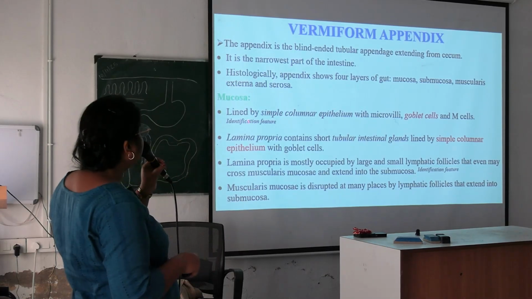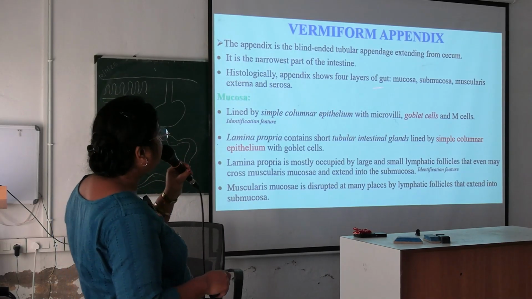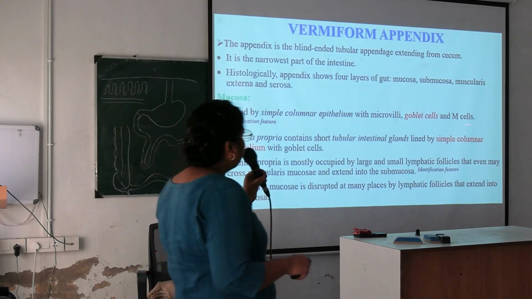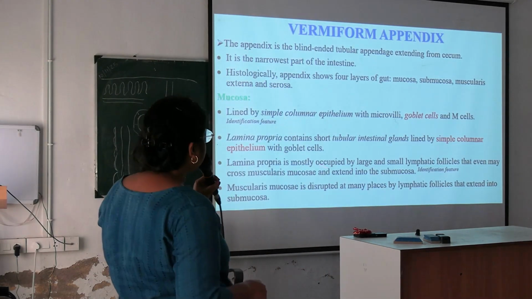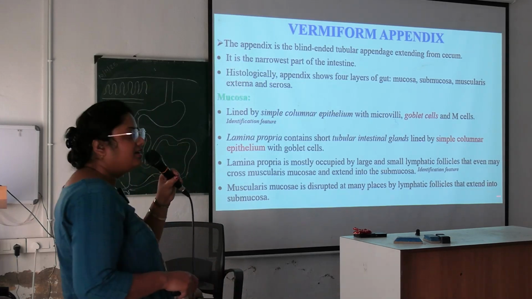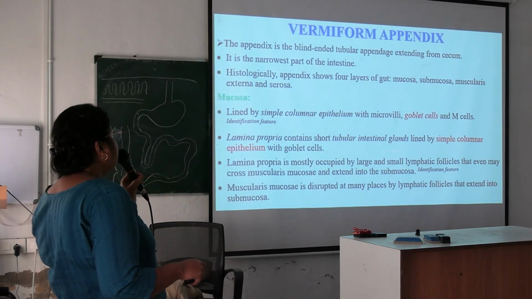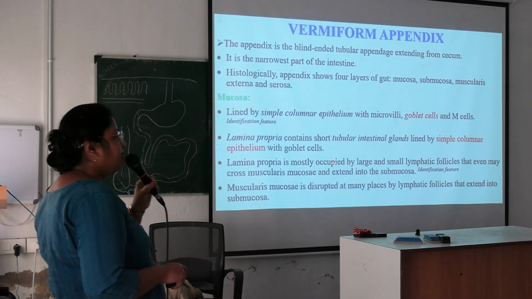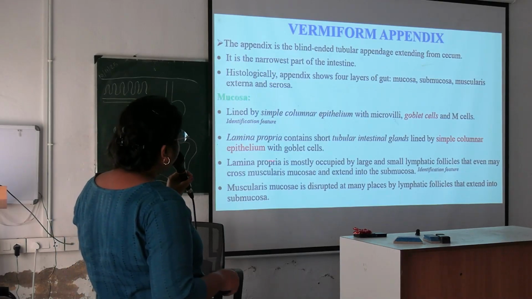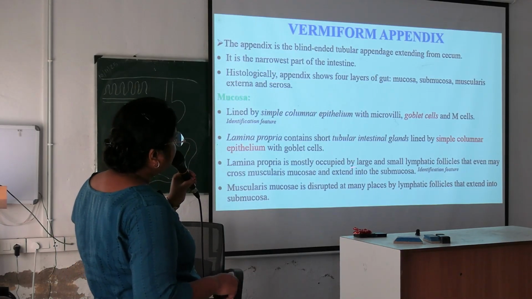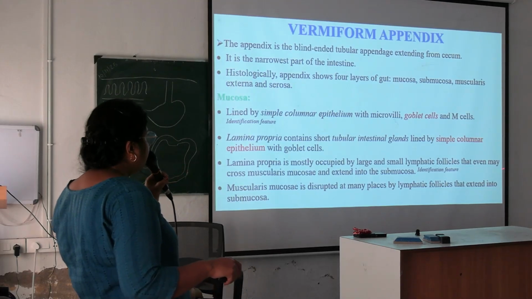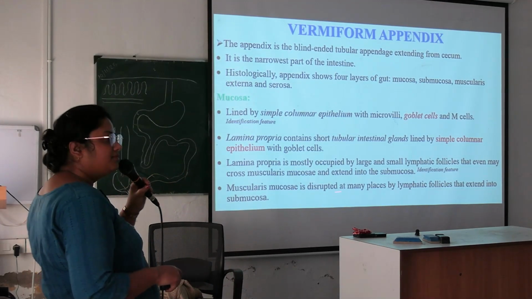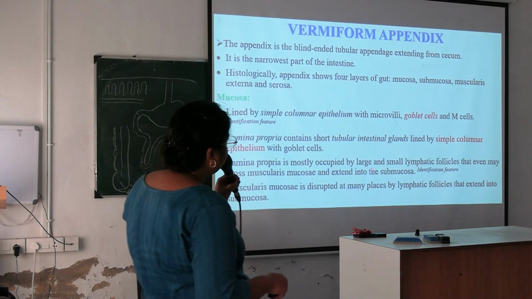The mucosa is lined by simple columnar epithelium with microvilli, goblet cells, and M cells. Lamina propria contains short tubular intestinal glands lined by simple columnar epithelium with goblet cells. Lamina propria is mostly occupied by large and small lymphatic follicles, which may even cross the muscularis mucosa and extend into the submucosa.